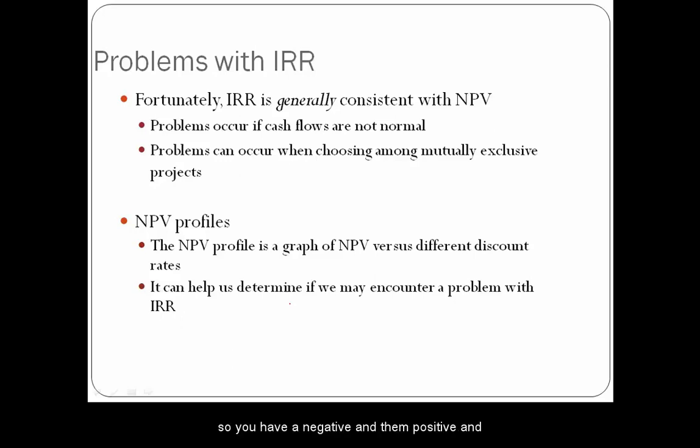So you have negative and then positive, but then negative later again. So problems would occur if we have a non-normal project with non-normal cash flows. And also problems could occur when we try to choose mutually exclusive projects and we rely on the IRR results. To explain this, let's take a look at some NPV profiles.